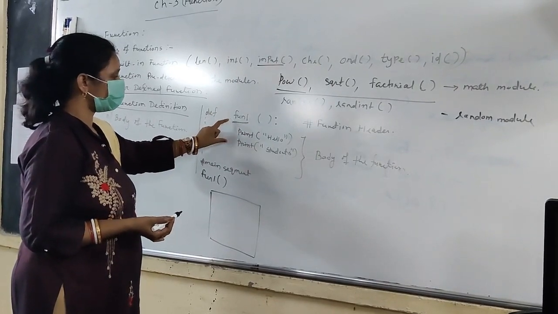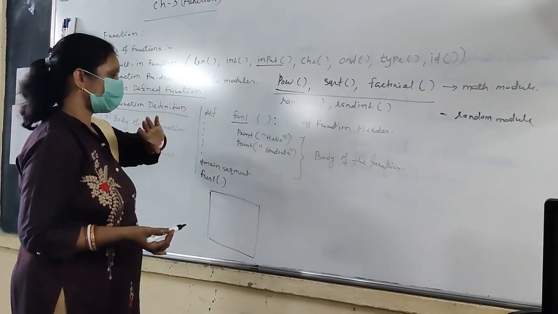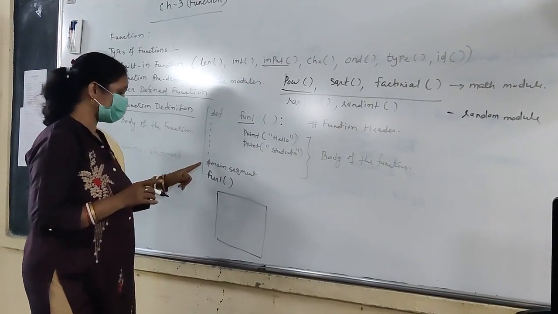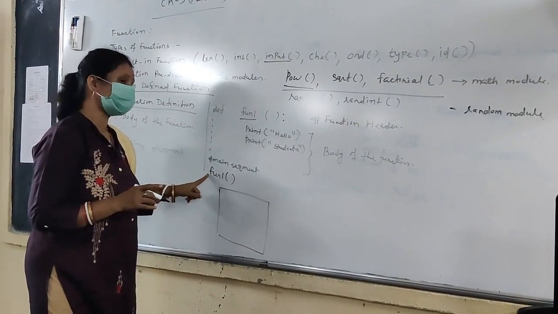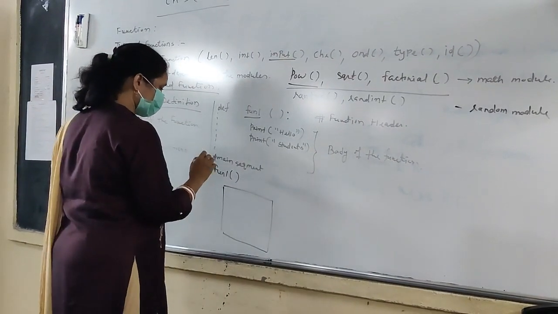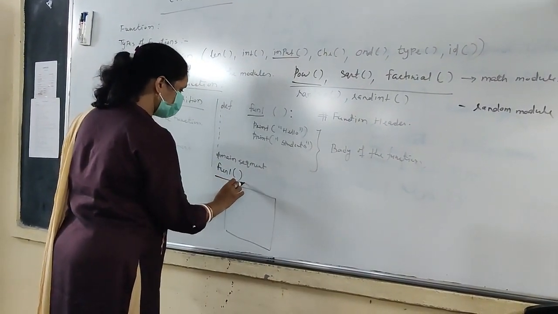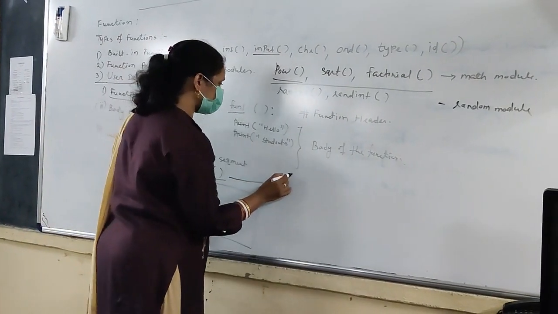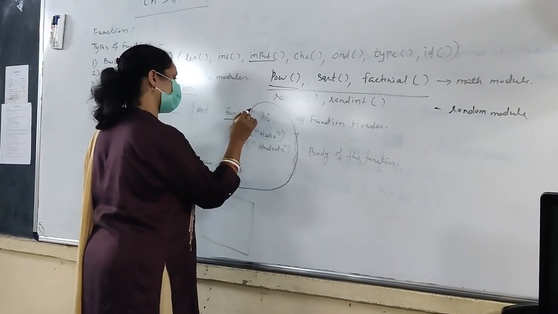All the prior information is now with the interpreter. After that, the interpreter will start execution from the calling part. When the interpreter executes this calling statement, it jumps from here to this part.